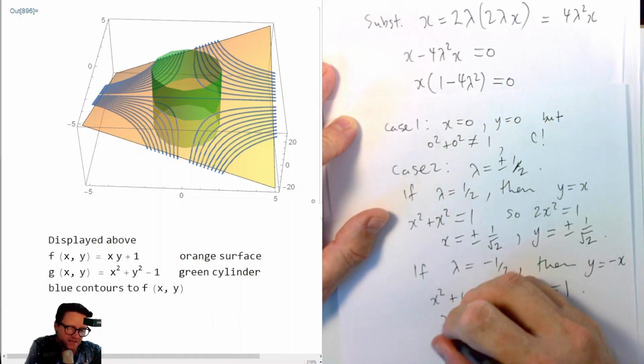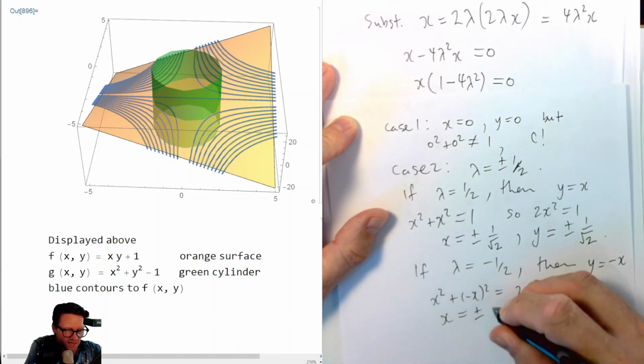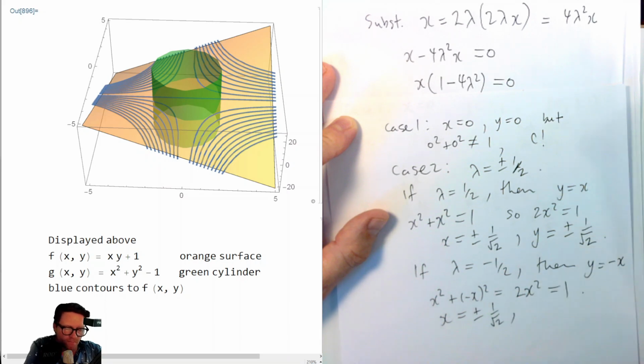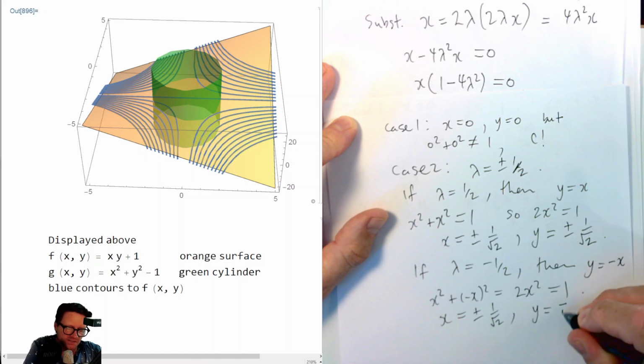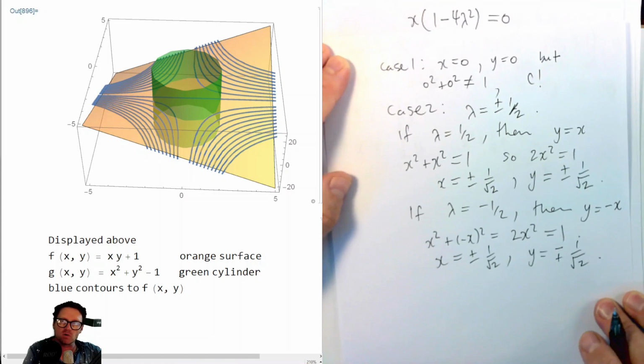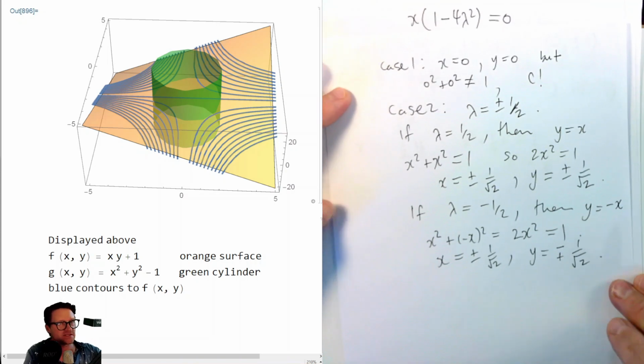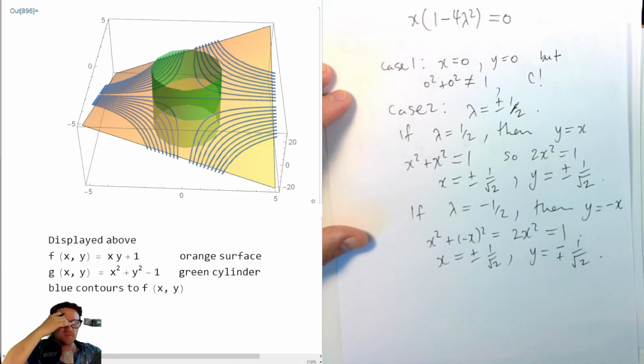And so again, x equals plus or minus 1 on root 2, but since y is equal to minus x, y is equal to minus or plus 1 on root 2. So in any case, we've got 4 candidate points for max and min as we expect.